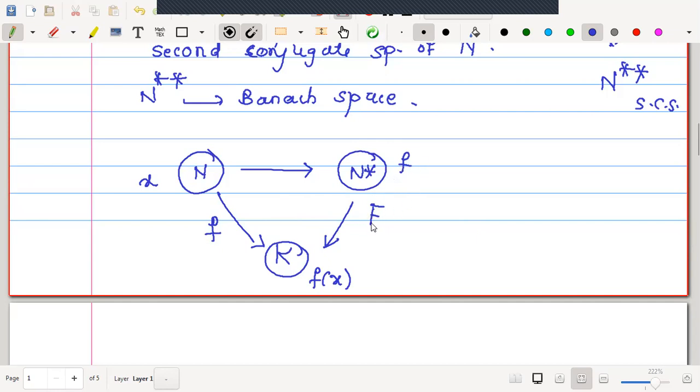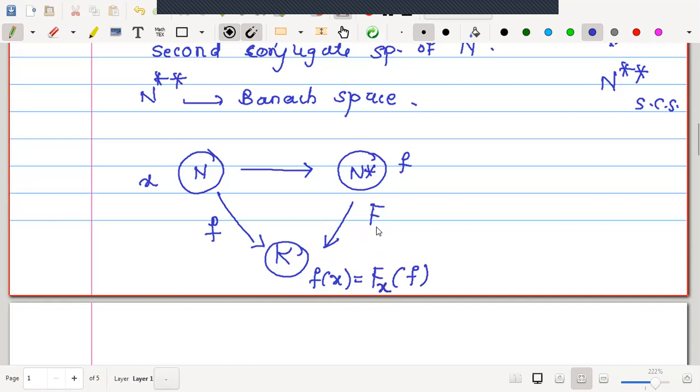That capital F image of small f is equated to some element of K, which is equated to some f of x, some value that depends on the vector x. Whenever we are finding the F image of f, that image depends on a vector x.